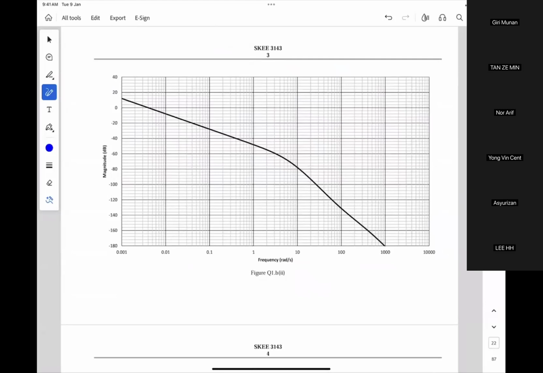Anis, what is the gain margin and phase margin?